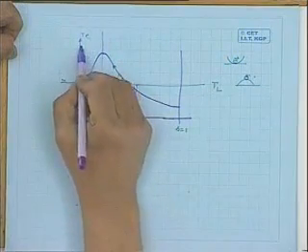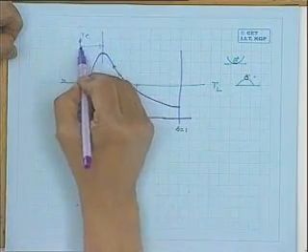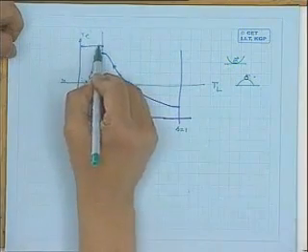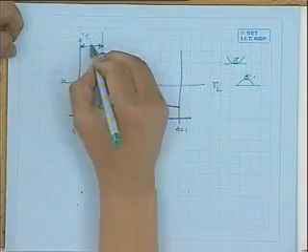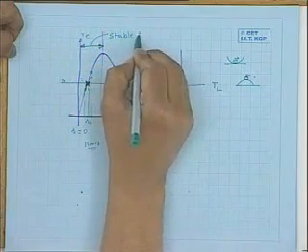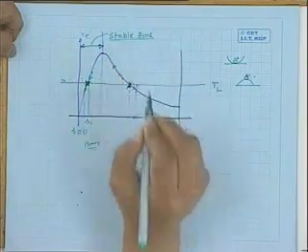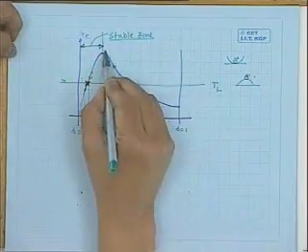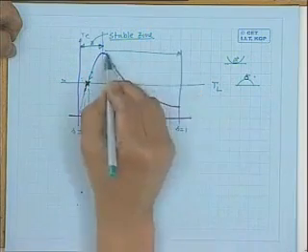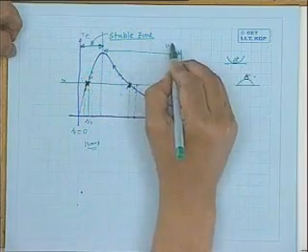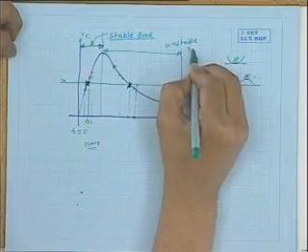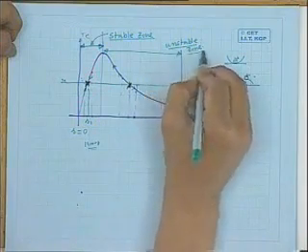So it is for this reason that this zone of the torque slip characteristics is called the stable zone of operation, stable zone. And this portion is the unstable zone.